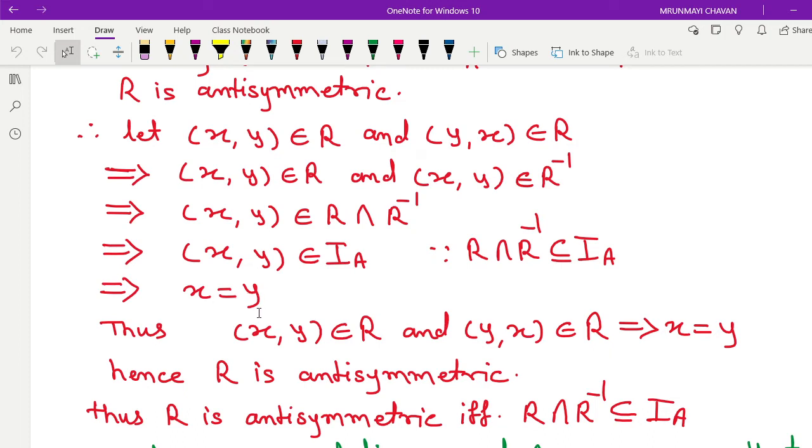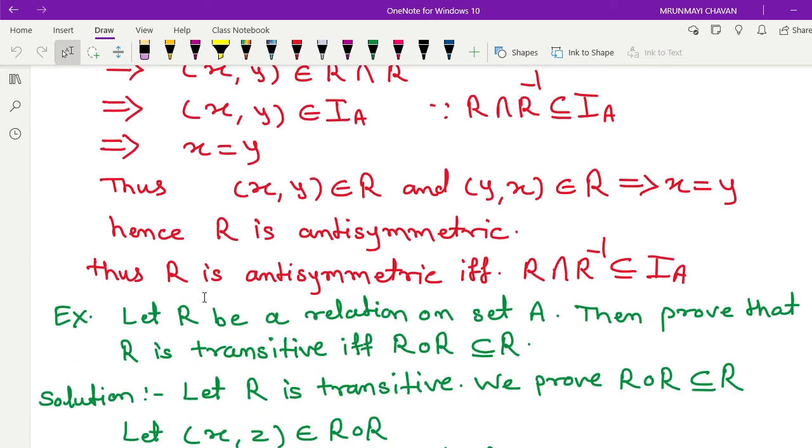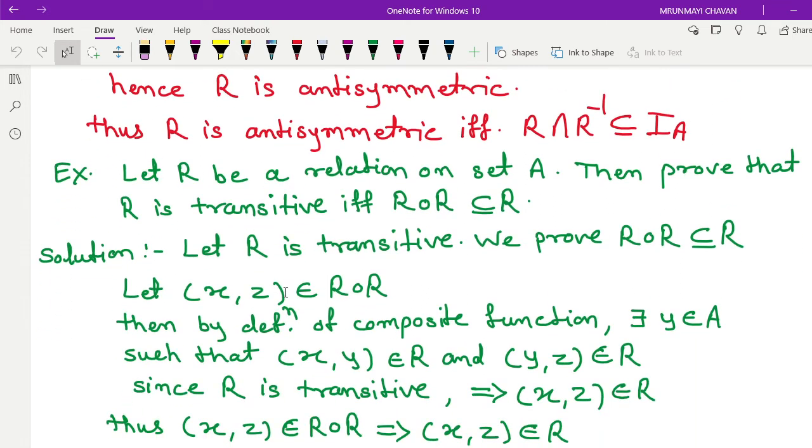So, we have shown that xy belongs to R and yx belongs to R implies that x is equal to y. Therefore, R is antisymmetric relation. Thus, this relation R is antisymmetric if and only if R intersection R inverse is subset of IA. Let us see next example.